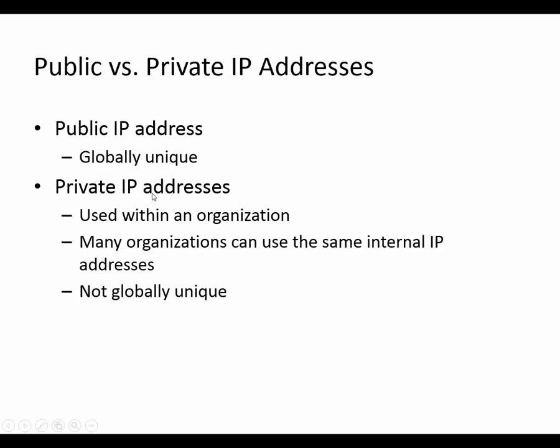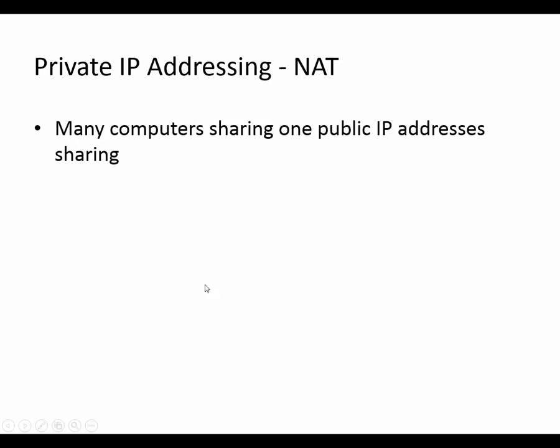But then they came along with private IP addresses, and private IP addresses are used within an organization, and many organizations can use the same internal IP address range. Private IP addresses are not globally unique. Private IP addressing, or NAT, is where many computers which have private IP addresses all share one public IP address.